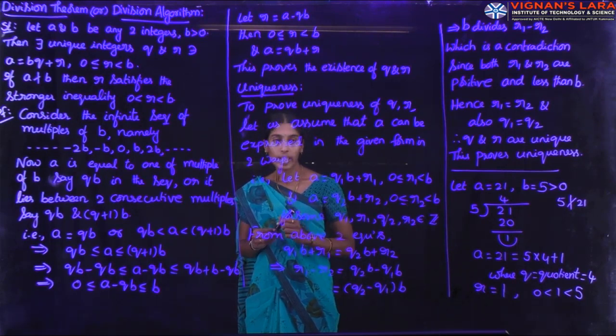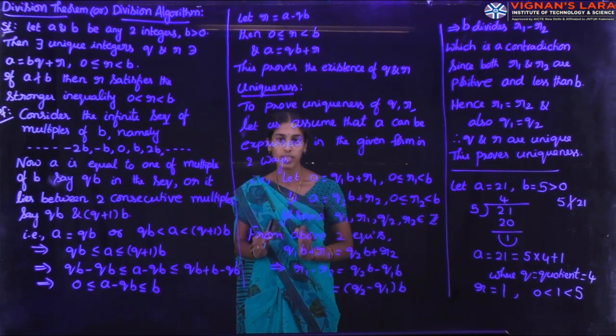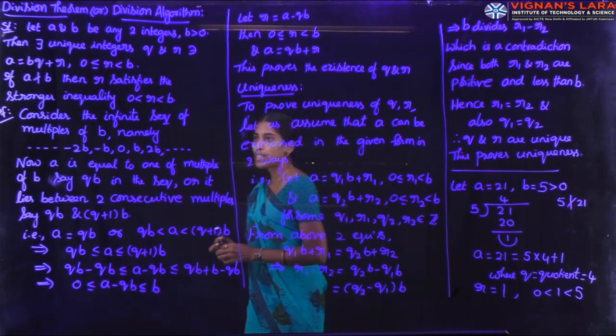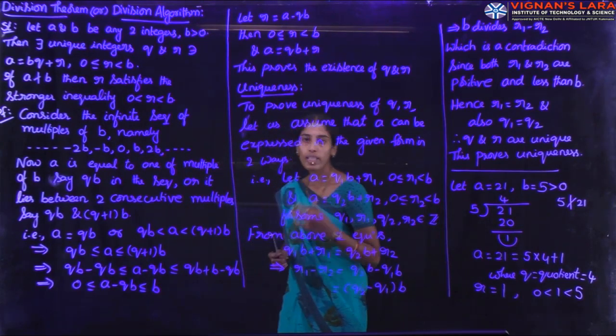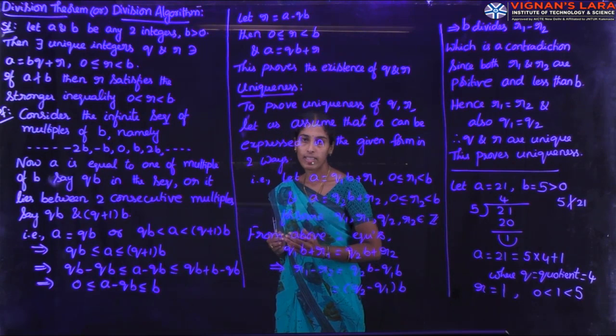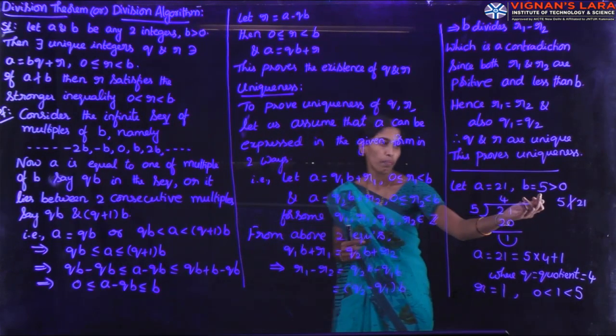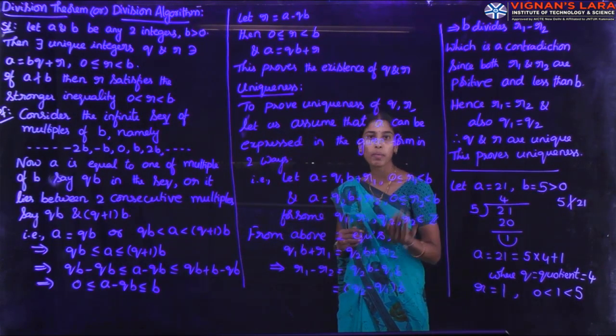First of all, we need to find two integers Q and R such that A can be expressed as BQ plus R. See here, consider the infinite sequence of multiples of B. What is B? B is an integer. Suppose we take here 5. What are the multiples of 5? 0, 5, 10, 15, 20 and so on in the positive side.